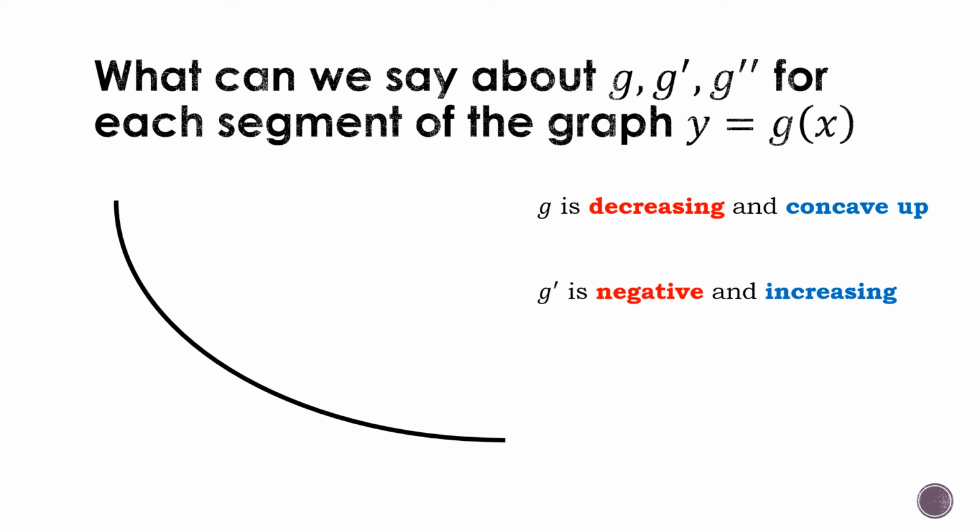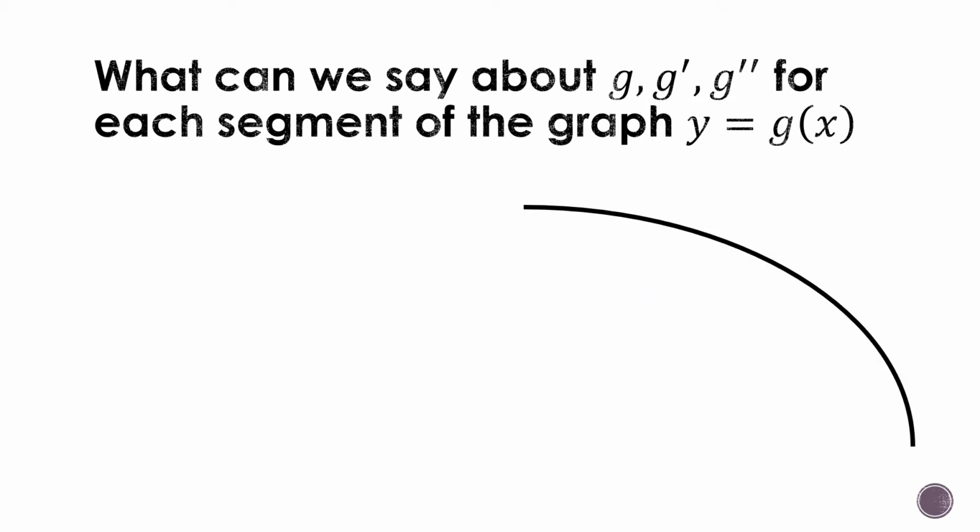So if you're sketching the first derivative, you're going to draw a section that's below the x-axis that's increasing from left to right. If you were asked to sketch the second derivative, the original was concave up, meaning the first derivative is increasing, and so the second derivative is going to be positive, or above the x-axis.